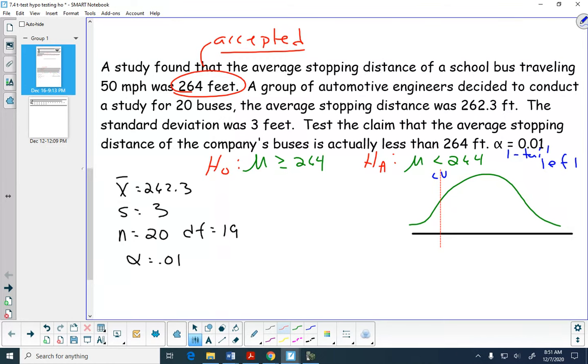So now we go find a critical value. We have a degree of freedom of 19. We have an alpha value of 0.01, and we have a one-tail test. So along the top, I'm looking at my one-tail test. I go over to 0.01. Now I'm going to drop this all the way down to just my degree of freedom of 19.